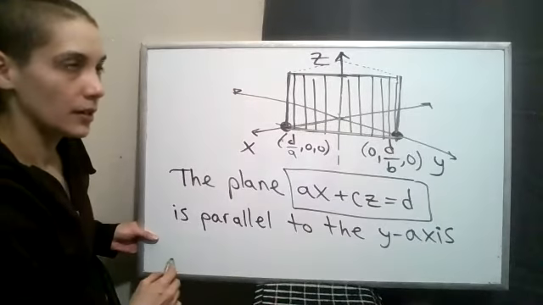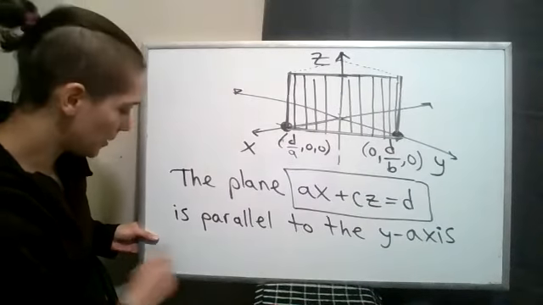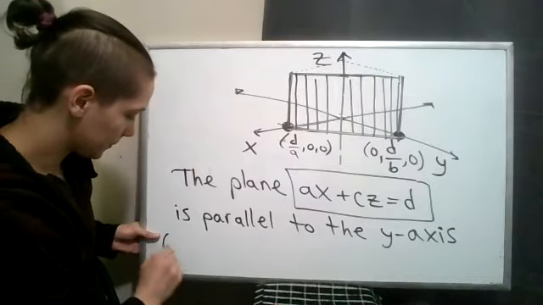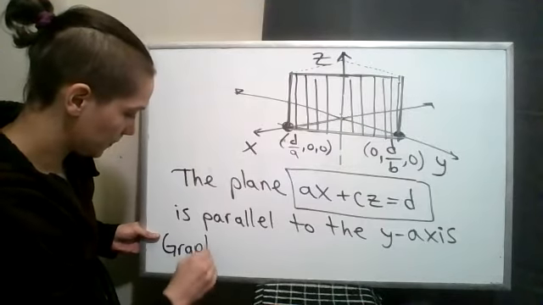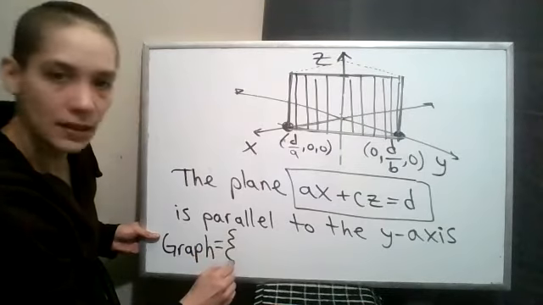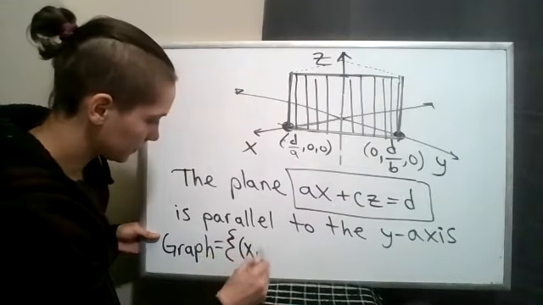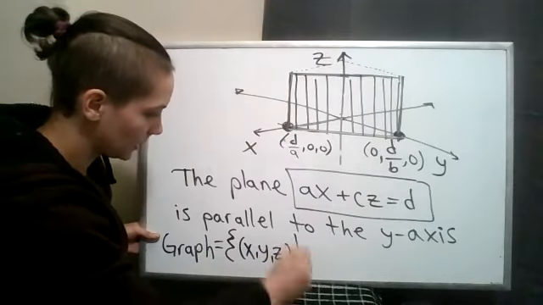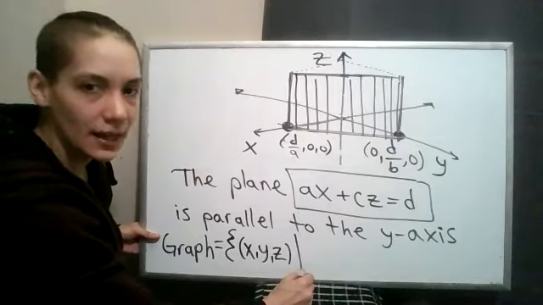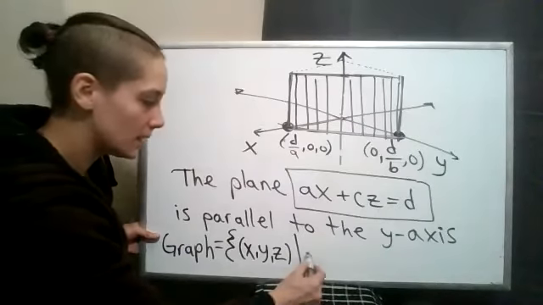We'll draw the graph, or let's write the graph as the set of (x, y, z) such that ax + cz = d.